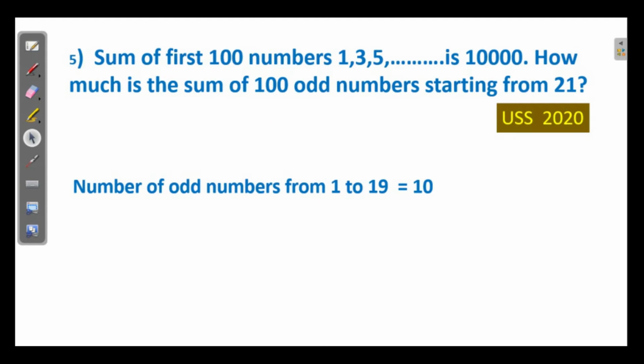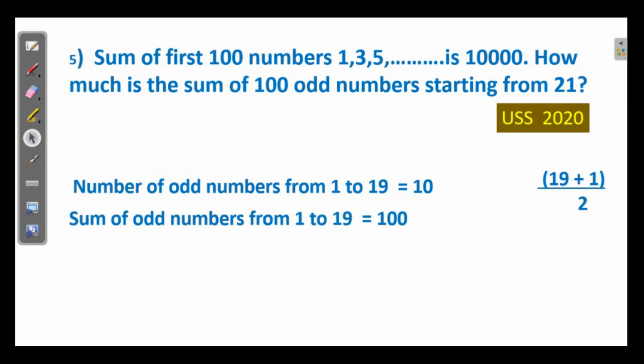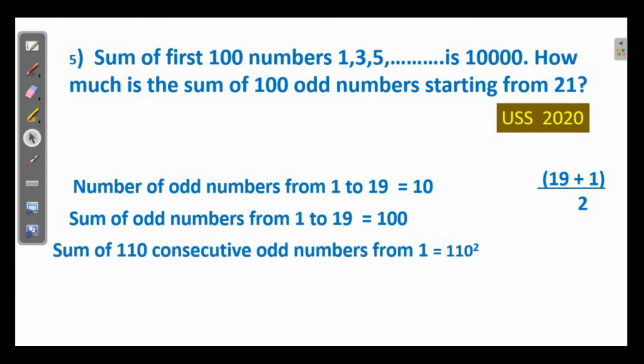And we have to find the sum also. What is the sum? Sum is 10 square, 100. And from 1 to 110 odd numbers let us take. Then only we will get 100 odd numbers from 21. So, sum of 110 consecutive odd numbers from 1 is 110 square.